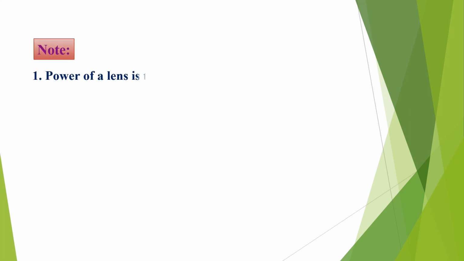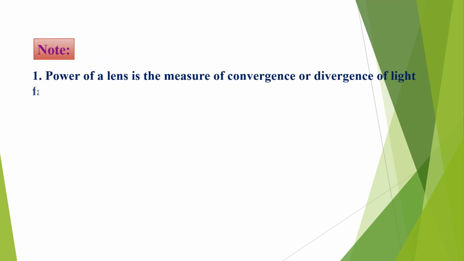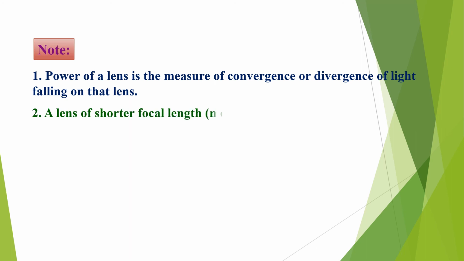Note: first, the power of a lens is the measure of the convergence or divergence of light falling on that lens. Second, a lens of shorter focal length, having more power, bends the incident light more, whether it is converging or diverging.